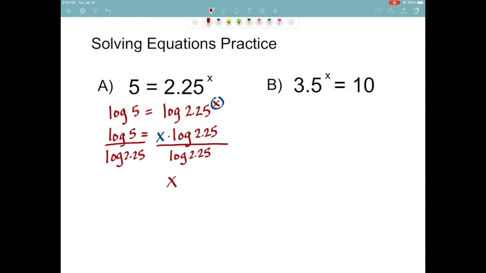Okay, we'll get x equals log of 5 divided by log of 2.25. When you do that on the calculator, I believe that should get you approximately 1.98. You can always take it and plug it back in for x there, and you'll get a close answer. It may not give you the exact answer.